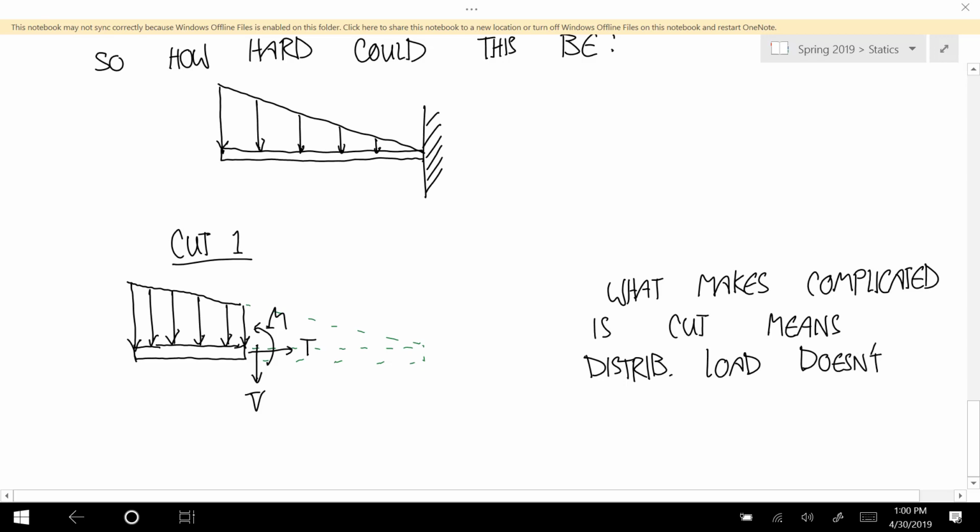That's the solution. Yeah, well, that's the right idea. That doesn't always work, but I'll show you why.